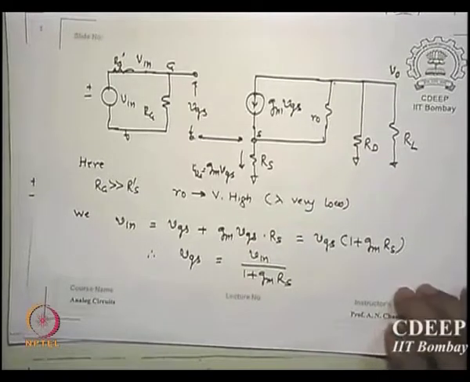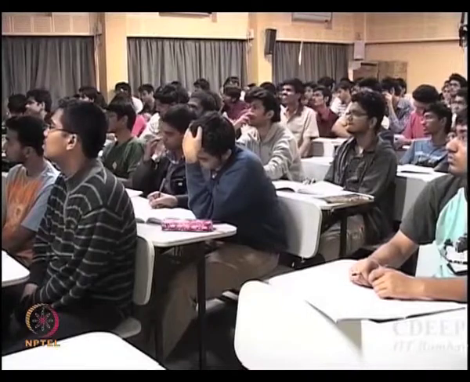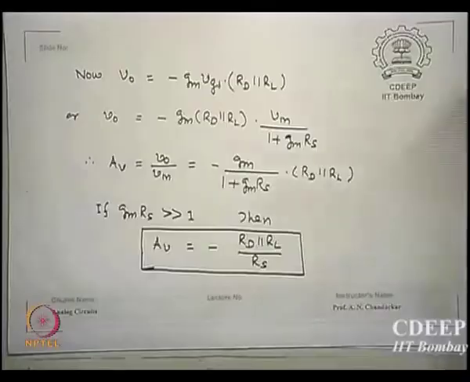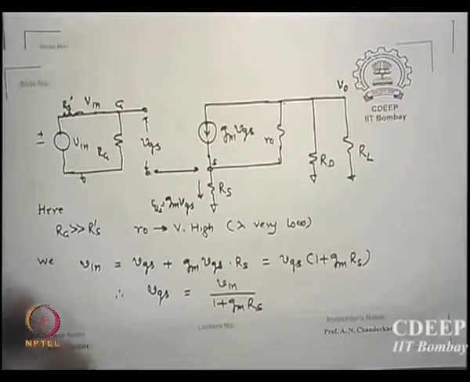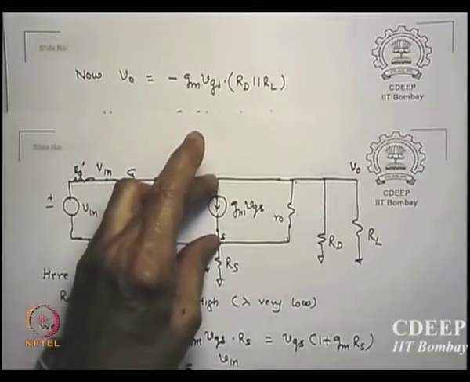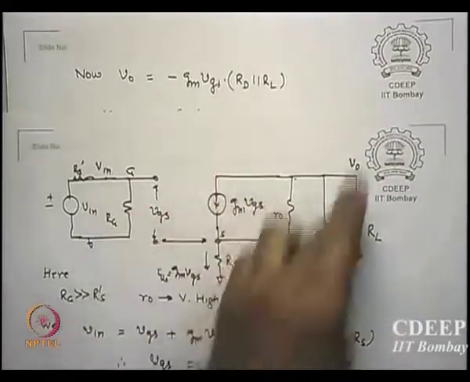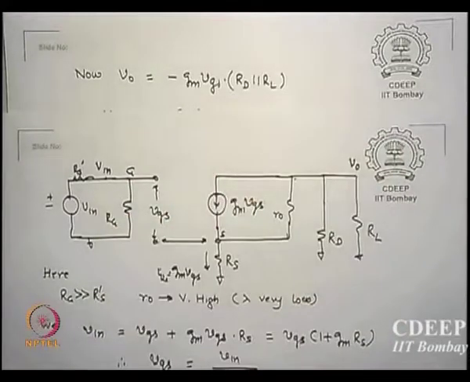Simple circuit analysis. How much is V0 from our circuit analysis? gm VGS is the only current source, which is passing through RD parallel RL, if r0 is infinite. Again, the idea is r0 is infinite.